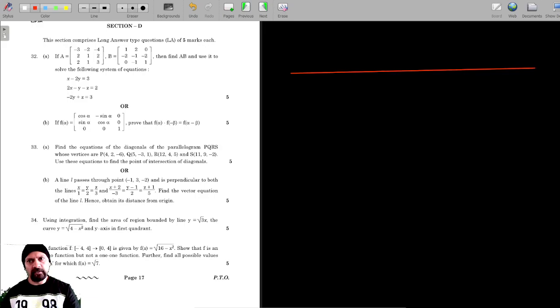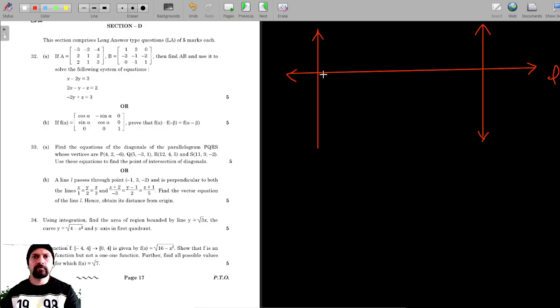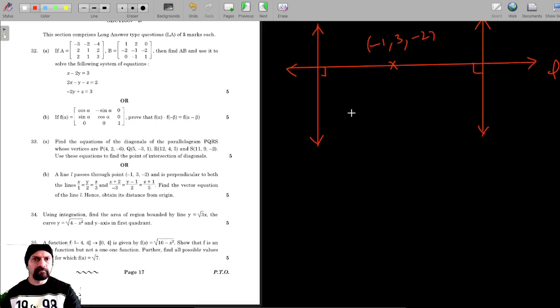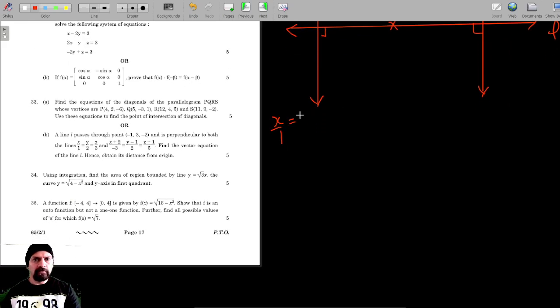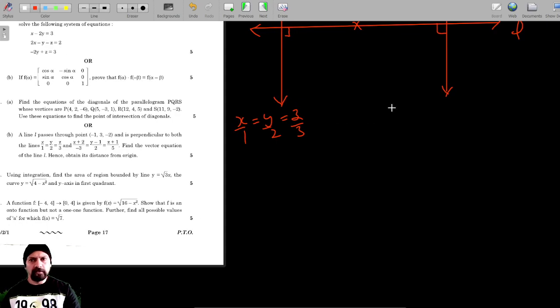So there is a line L that is perpendicular to two lines, and this line L is passing through (-1, 3, -2). The two lines are x by 1 is equal to y by 2 is equal to z by 3, and x plus 2 by minus 3 is equal to y minus 1 by 2 is equal to z plus 1 by 5.